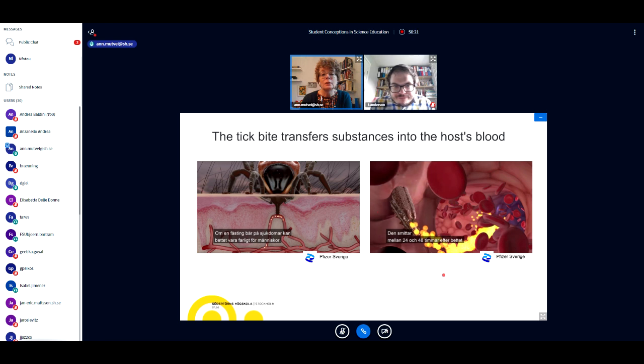And here you see a bigger magnification where here is the mouth, and then it's excreting. We can see the substance or the Borrelia into the vessels of blood.